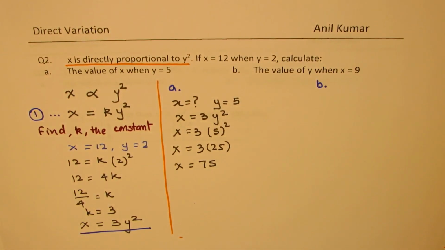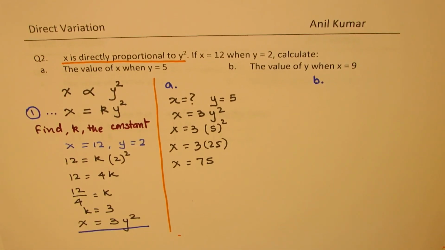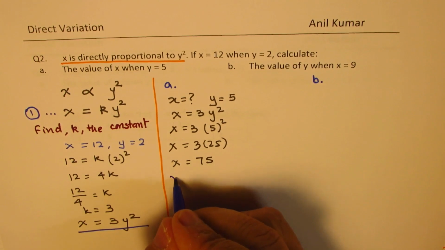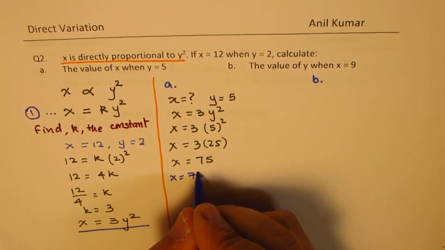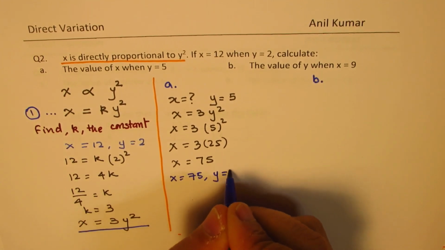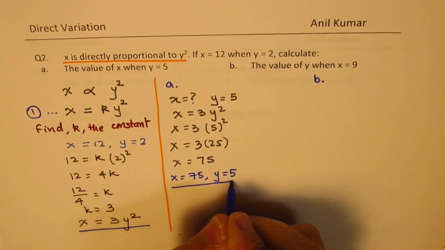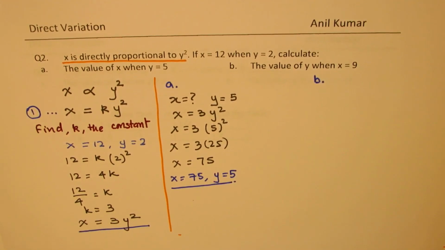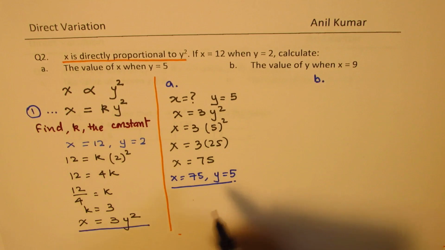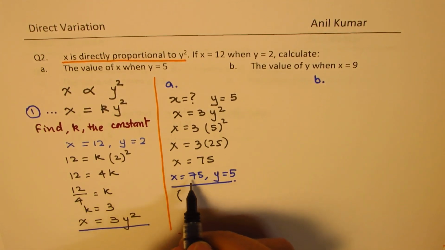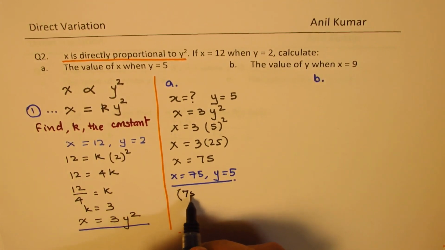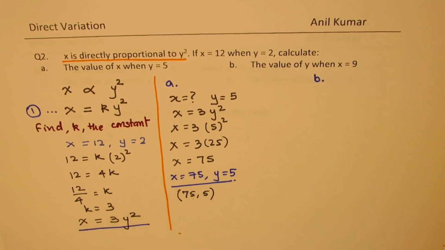So we get our solution that x is equal to 75. Clear? When y is equal to 5. So that is the solution. At times, we may write this as a coordinate point. So in some parts of the world, we may write it like this as our solution to the given question.